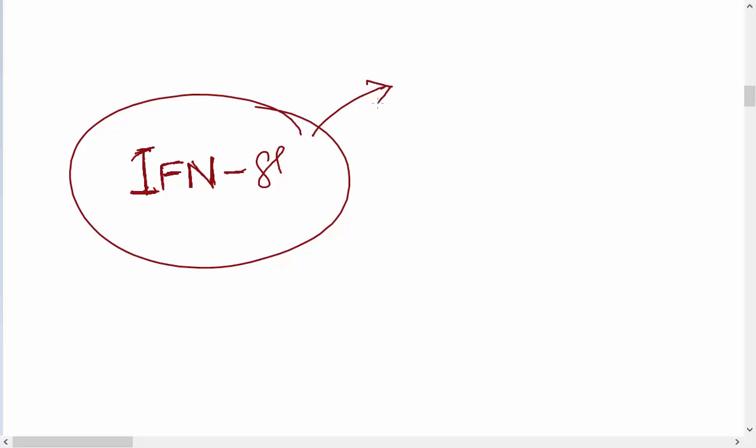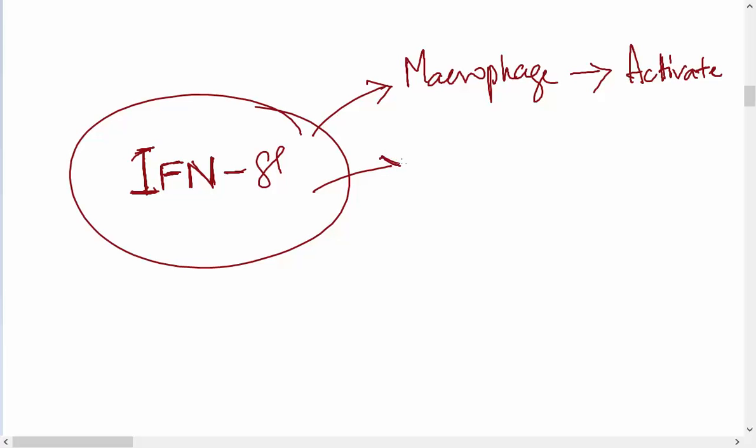So one thing you all know, they will bring a lot of monocytes and make them into macrophages and they will activate them, right? How they bring the macrophage: they bring monocytes from the blood circulation, it comes to the tissue, then they become macrophages and they directly activate them.